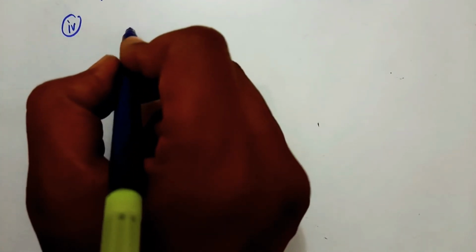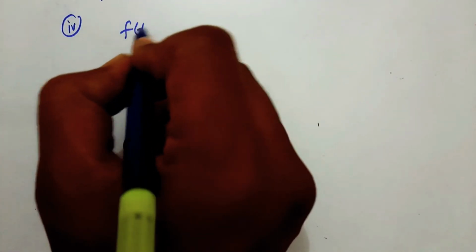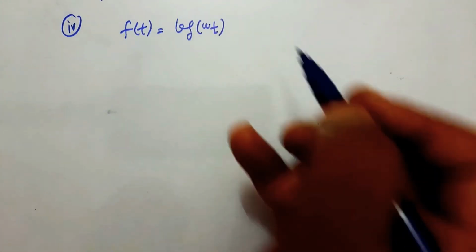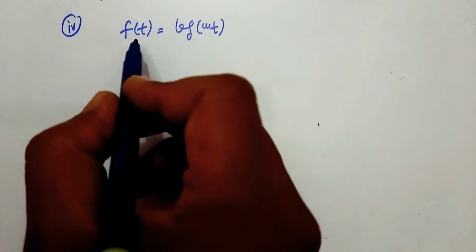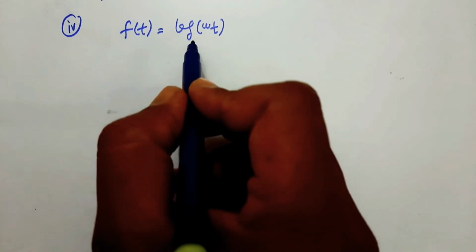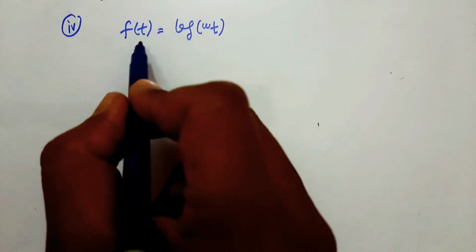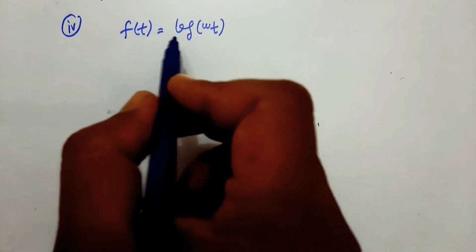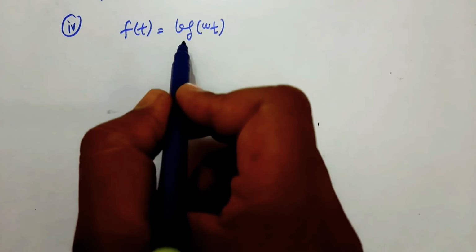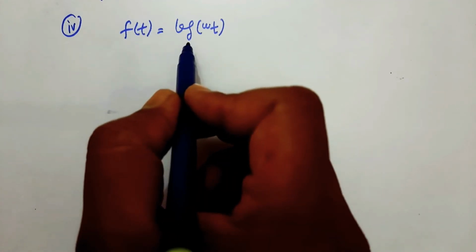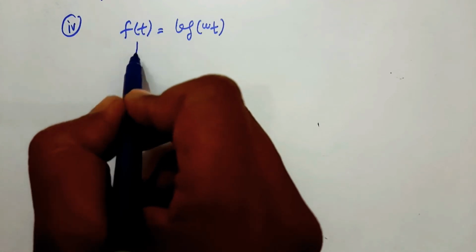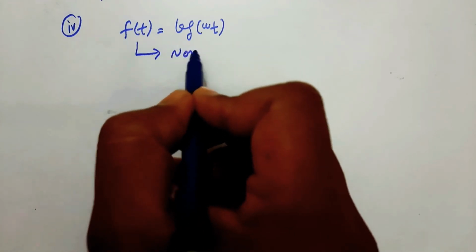See the fourth one. Here f of t is log omega t. Here also the function f of t is not a sine function, or a cosine function, or a linear combination of sine and cosine functions. So simply we say the function represents non-periodic motion.